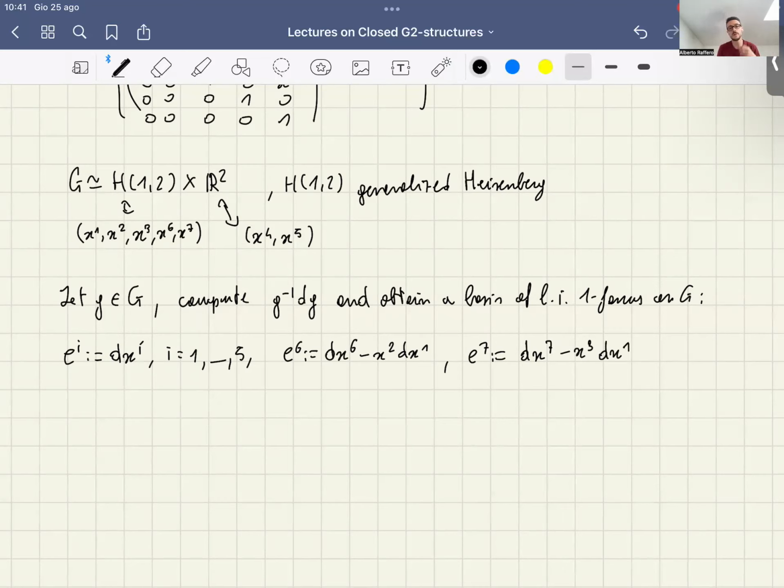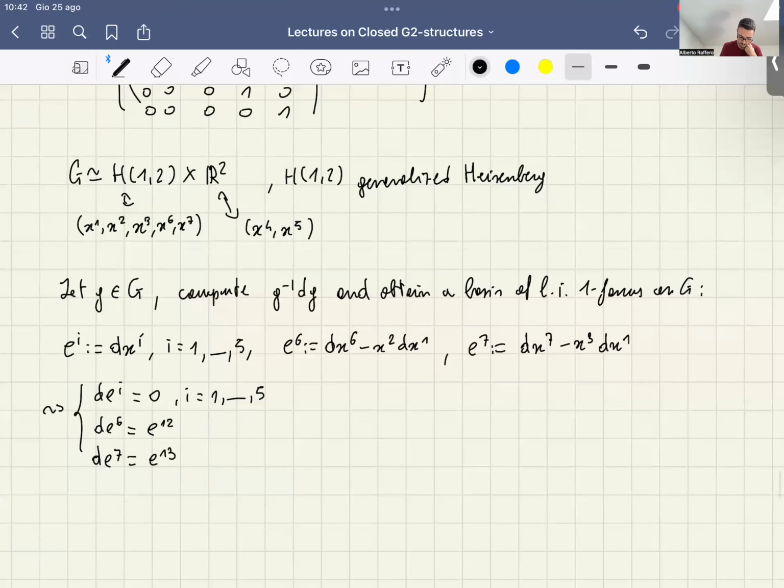And now you can compute the exterior differentials of these forms and see that the forms e^i for i going from 1 to 5 are closed, while de6 is equal to e12. So again, I'm using the shortening for the wedge product of covectors here. And the exterior differential of e7 is equal to e13.